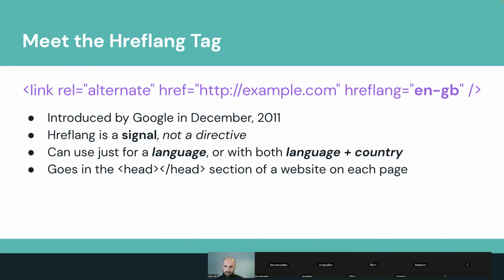Cool. Bernie's asked, is it possible to tag a page so that it does not appear in a certain country? To almost disallow it from a certain country. That's a really good question, actually. I'm not aware of that. I think it's just not have it tagged, period, so that you just show the generic version. Because the only way that a search engine won't index it is if you have a noindex tag on there.